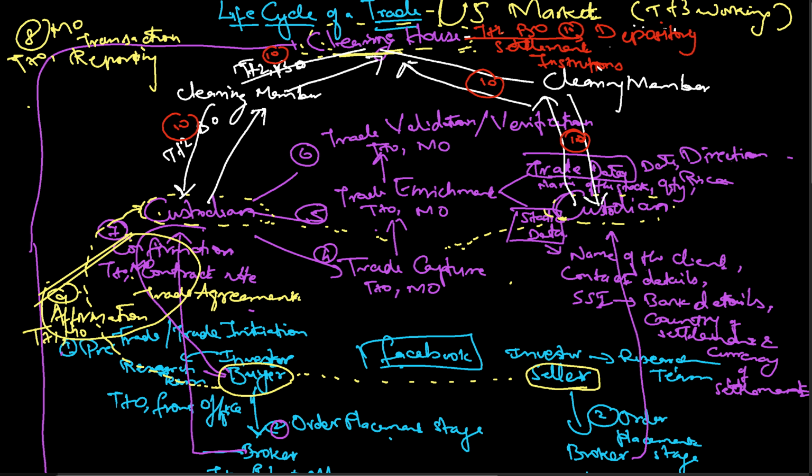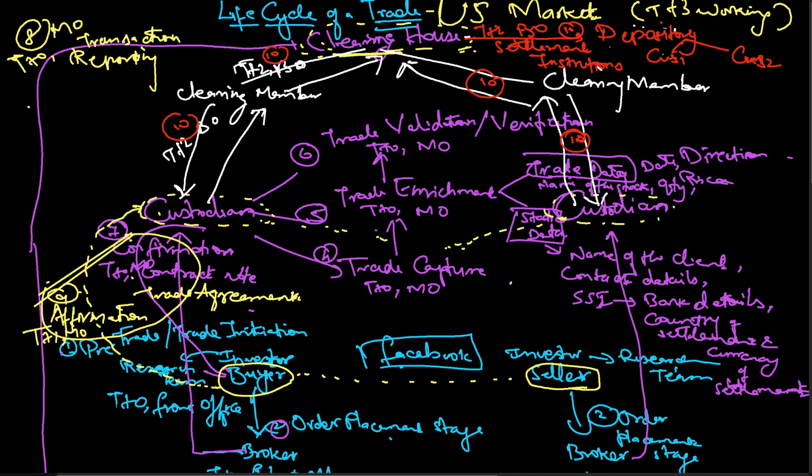So clearinghouse will pass on these settlement instructions to the depository. Now what is depository? Depository is an entity which does the work of maintaining the pooled account of the custodians. So depository will have a pooled account. So let's say this is custodian 1 and this is custodian 2. They are maintaining the pooled account of the custodians.